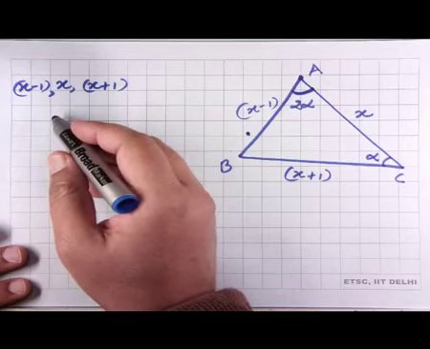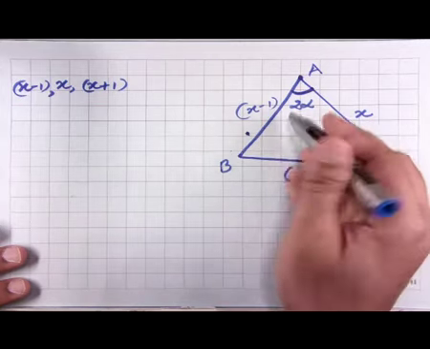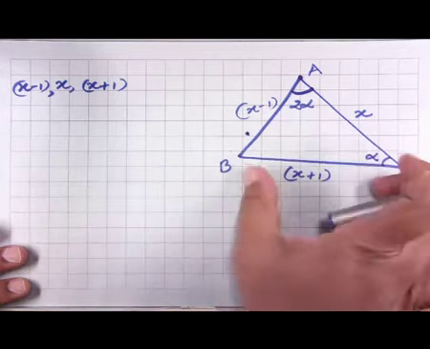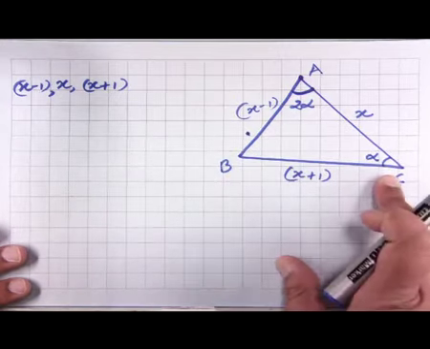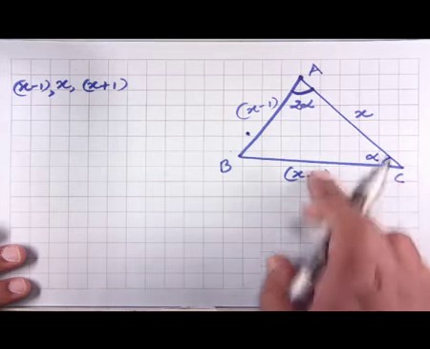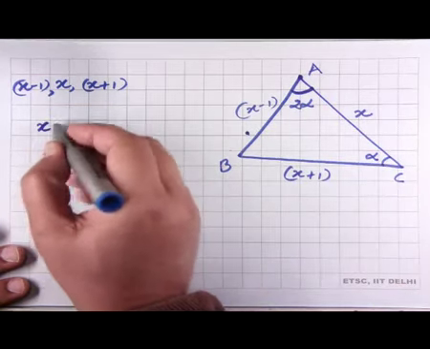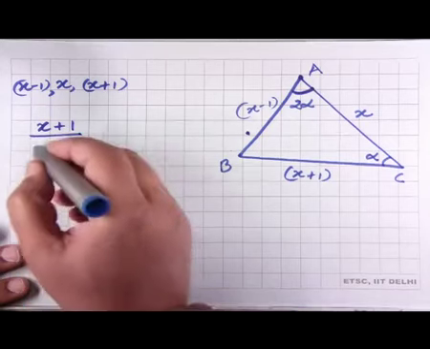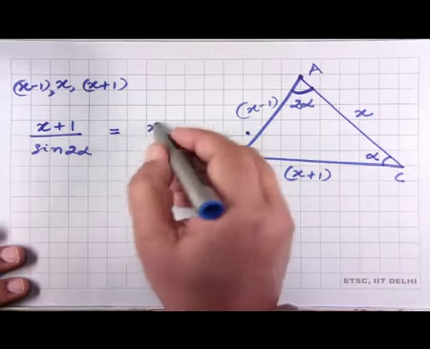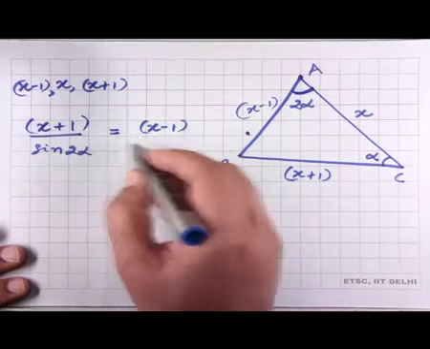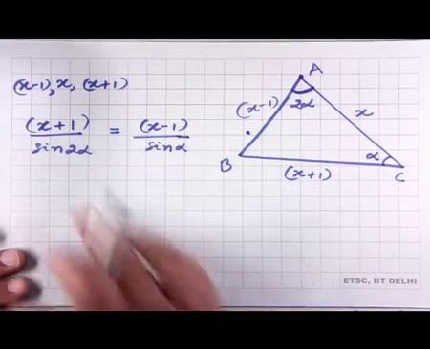If we now apply the sine law to this triangle, the sine law says that the length of a side divided by the sine of the angle opposite to that side is a constant. Therefore, x plus 1 over sine 2 alpha is equal to x minus 1 over sine alpha.